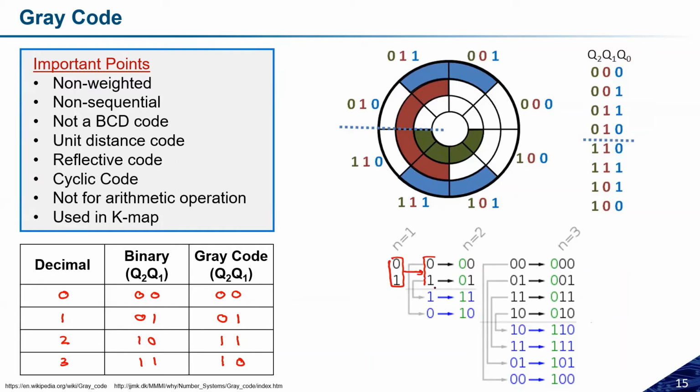Once I have written that, make an axis and then reflect it. What was at last will come first after reflection, and the 0 will come later. So 1 and 0, that becomes the reflection. Now we have 0 1 that comes from n is equal to 1, and this 1 0 that comes from the reflective property.